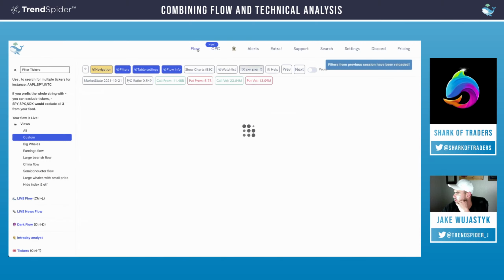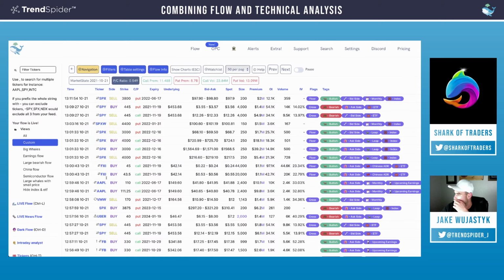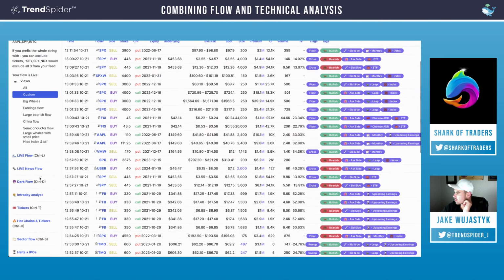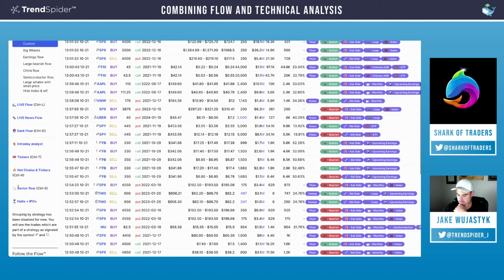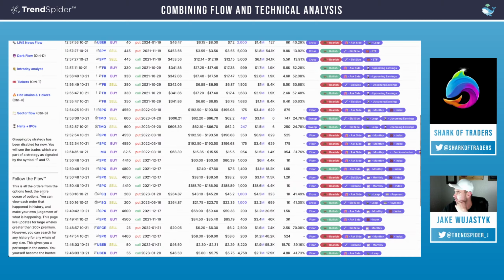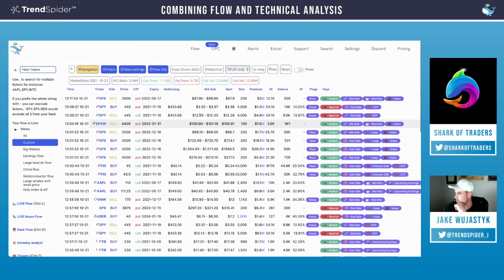So now we're going to get into it. Like I said, the flow is amazing. I actually love this filter because if you go down, you can read what everything is. This says this is all the orders from the options feed, the entire ocean of options, and it's a lot. Sometimes it feels like I get hit with waves, so I like to filter out the noise.